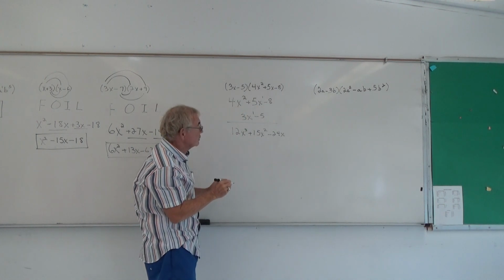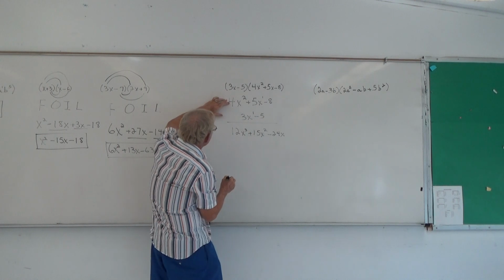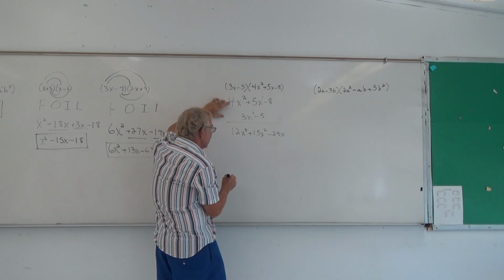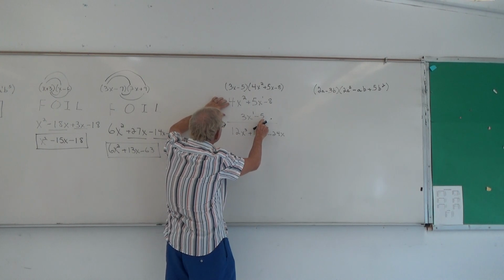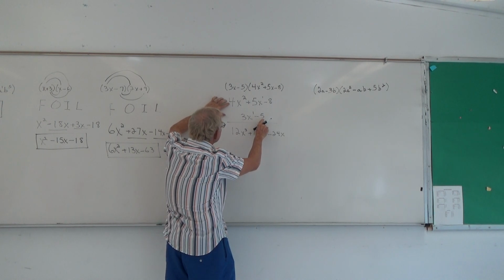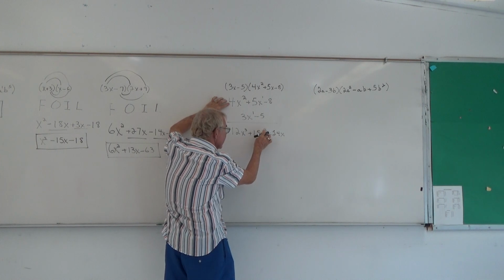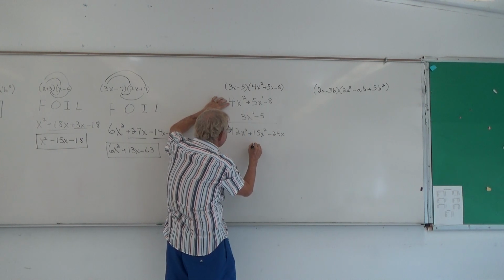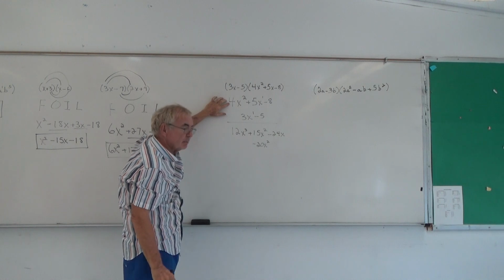Now, let's deal with the negative 5. Negative 5 times 4x squared. To save you time, if you multiply these, you would get negative 20x squared. Put it under that x squared and put your minus 20. And the reason for that is now they're lined up nicely for you to combine.